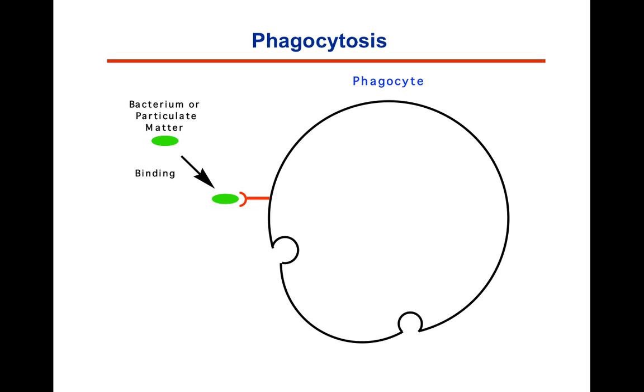Now, how does phagocytosis occur? What we're going to give is just a general mechanism. A bacterium or particulate matter will bind to a receptor on the surface of the cell, and that bacterium is going to be endocytosed and contained in something called an endosome.